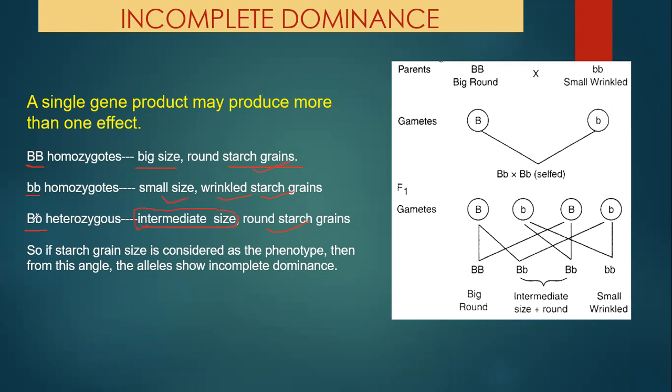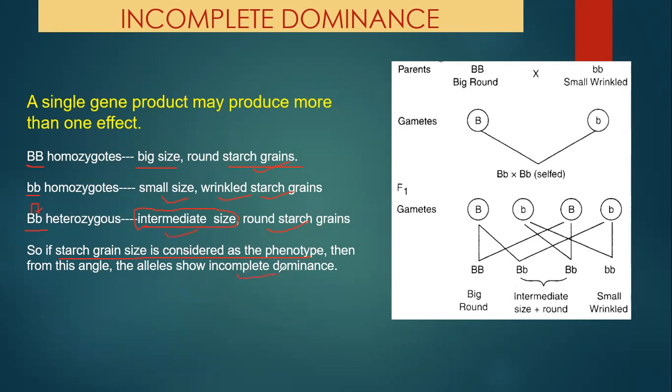So although capital B was controlling the size and producing big size and more synthesis of starch, in the heterozygous condition it could produce a starch grain, but the size was intermediate. So if we consider starch grain size as a phenotype, then capital B was not completely dominant over small b, because an intermediate size starch grain was produced.